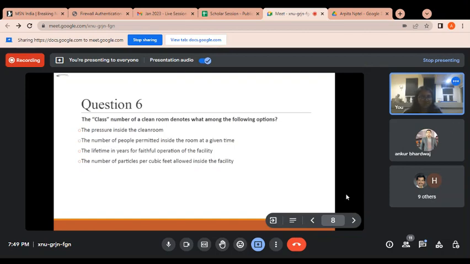Ankur? I think the number of people permitted inside... I think D is the correct answer. Which one, the number of people or the number of particles? Number of particles. Okay. Anyone else? Bakwa Vani?